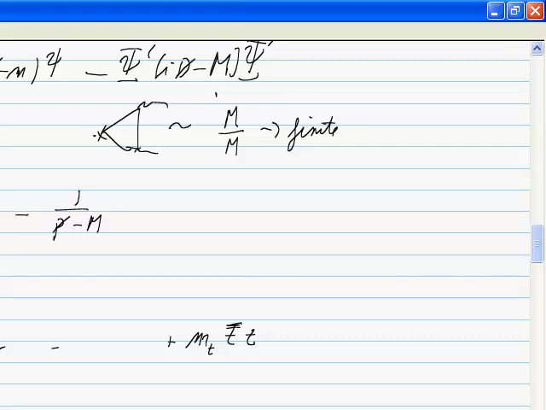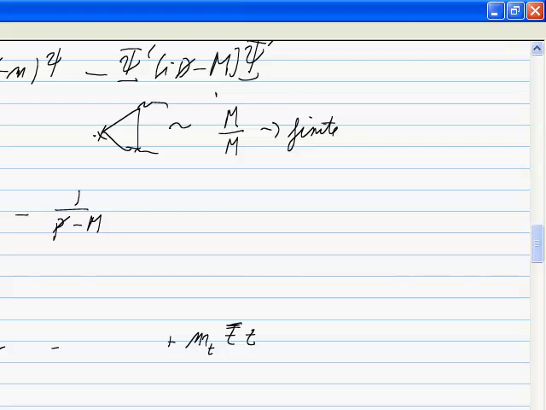Well, I said I was going to integrate out the heavy quarks, and then by the decoupling theorem, I should only have effects that go into renormalization of coupling constants, or vanish in the heavy quark limit.